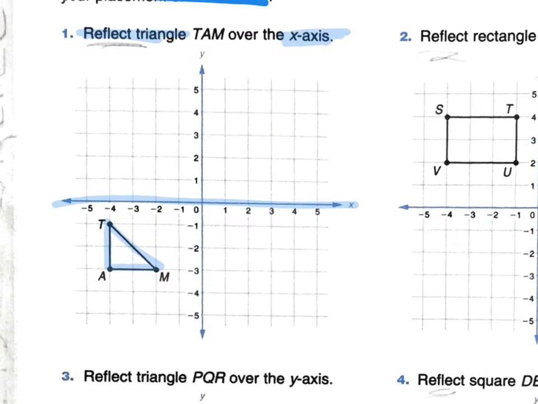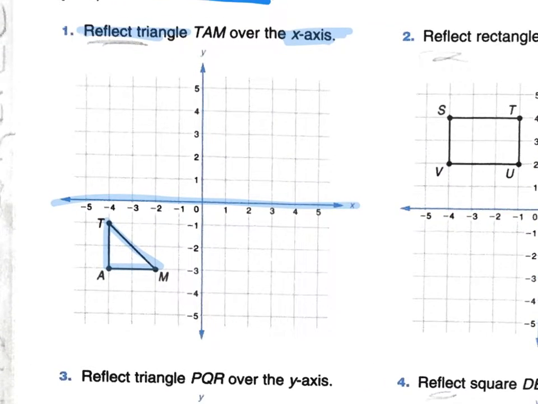I'm going to start with point T, and looking at point T, I can see that that is at -4, -1, and it's 1 away from the x-axis. So when I reflect it, it's not just going to be on the x-axis. I have to go 1 away from it. So 1 away from it on this side would be -4, +1, and that's going to be my point T prime.